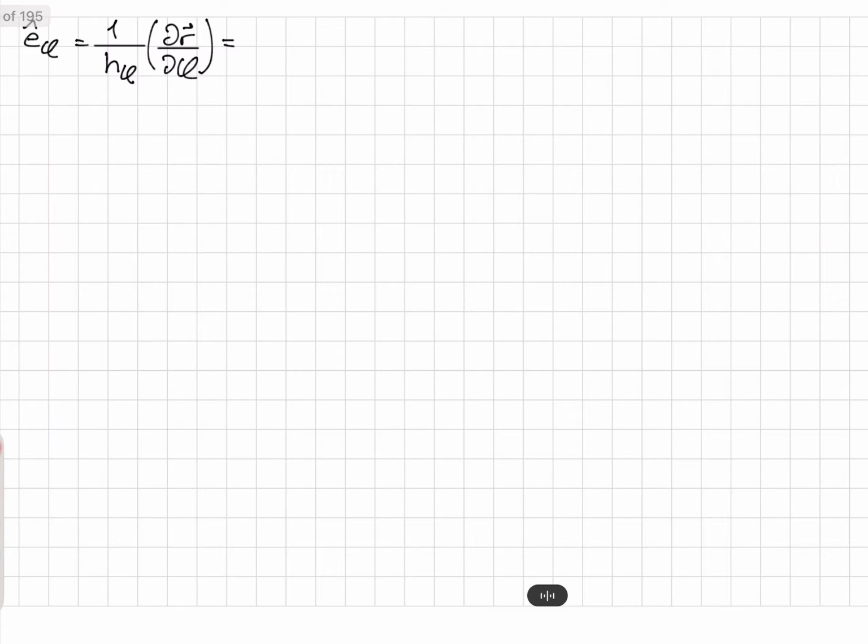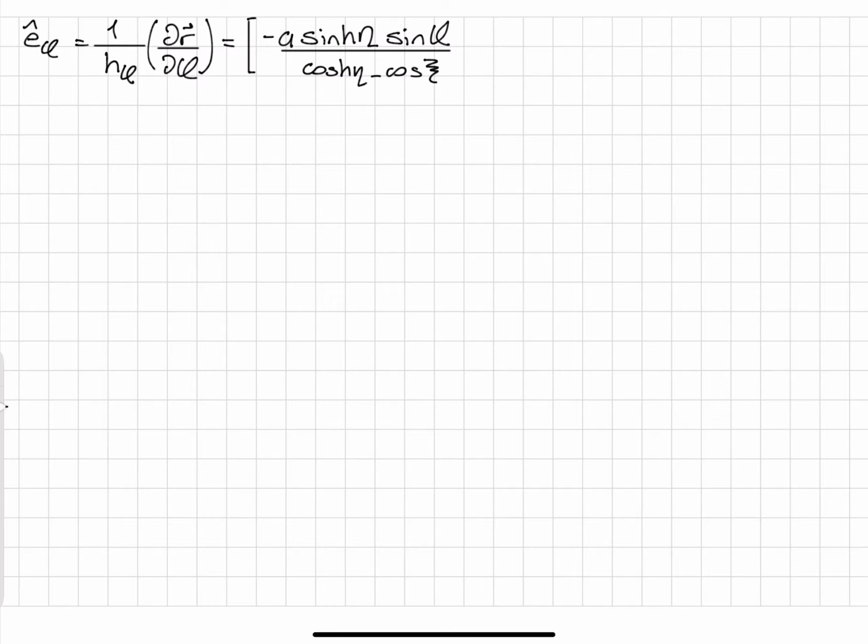With that observation, I have minus a sine hyperbolic eta sine phi, cosine turned into minus sine, divided by cosine hyperbolic eta minus cosine psi in the e_x hat direction.